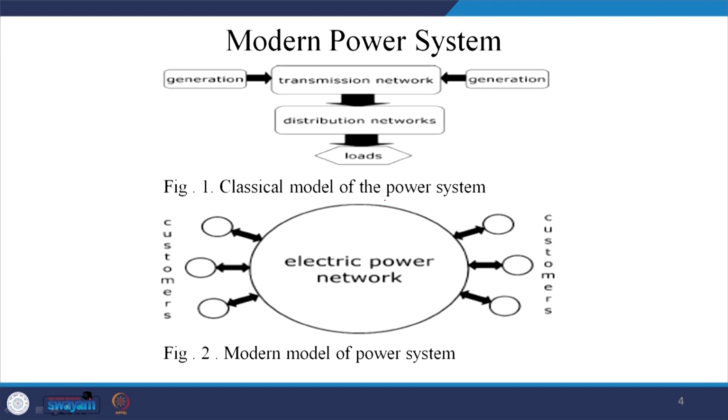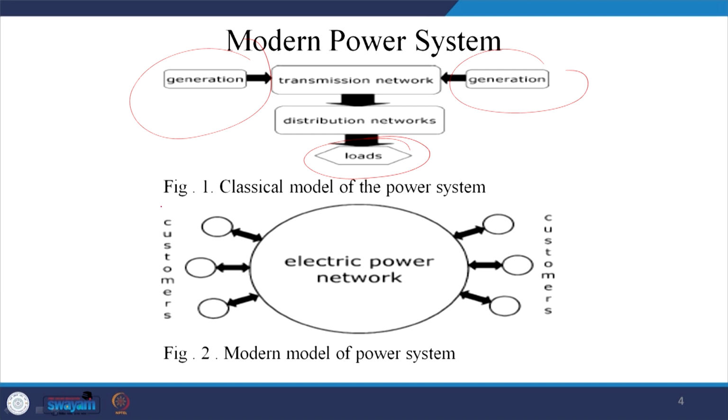So, this model can be like this. This is a classical model of the power system. You have a generation and another generation, because you may have a load that is required to be fed from different sources. This is a transmission network, there are two distribution networks, and two loads. Now, with the penetration of renewable energy, even loads become a distributed source of generation.